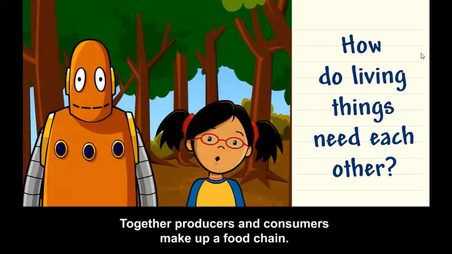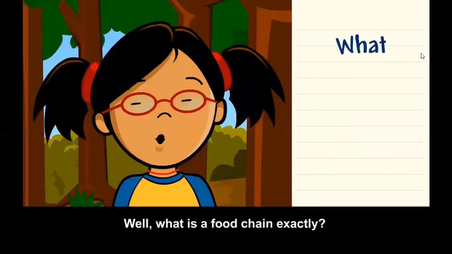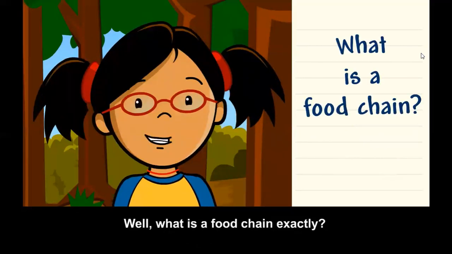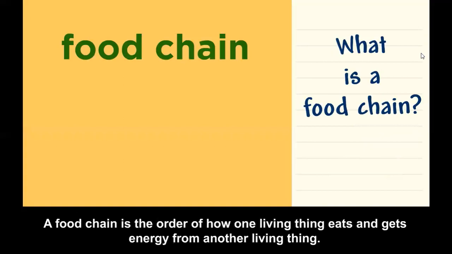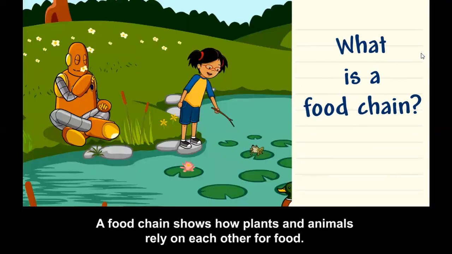Together, producers and consumers make up a food chain. Well, what is a food chain exactly? A food chain is the order of how one living thing eats and gets energy from another living thing. A food chain shows how plants and animals rely on each other for food.